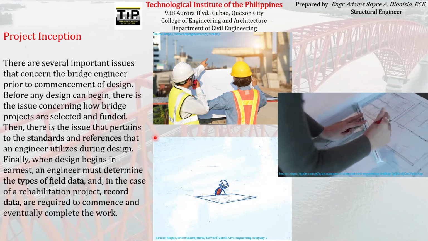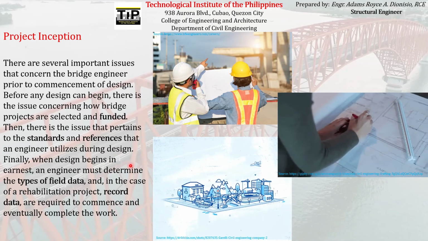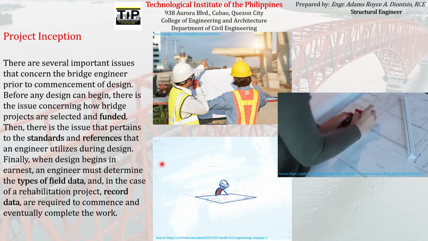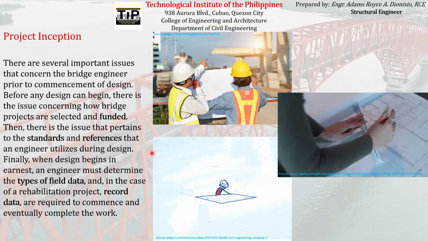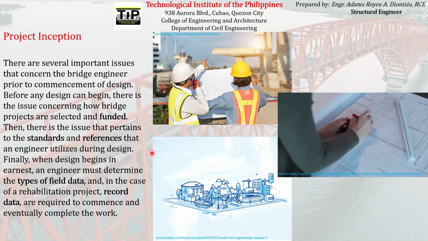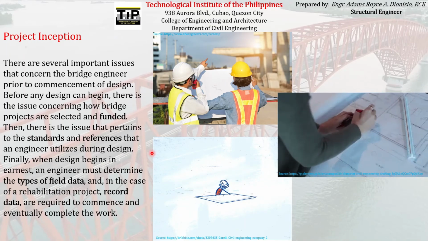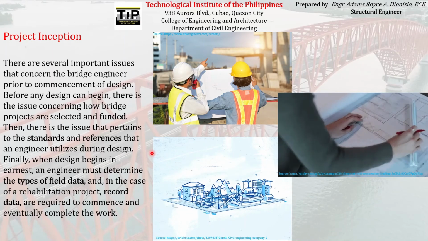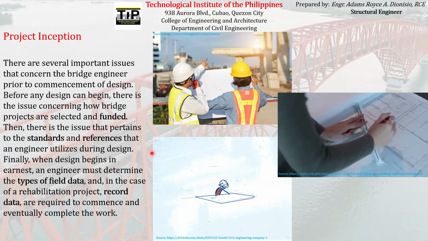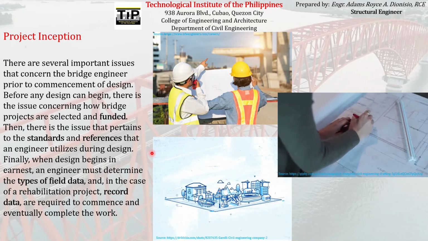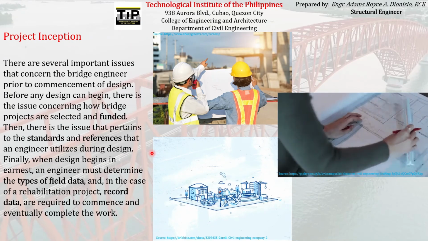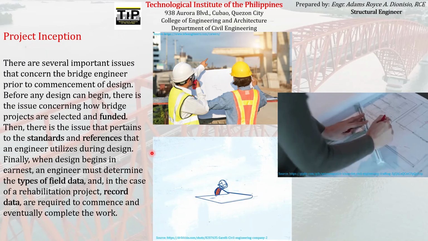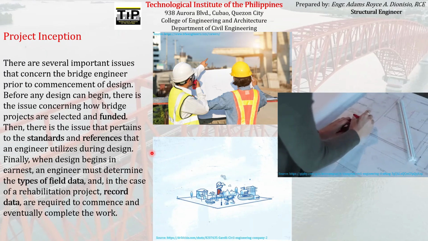And then lastly, the types of field data that the team must collect is also an issue before the commencement of the design, because the design cannot start if there is no sufficient field data gathered.